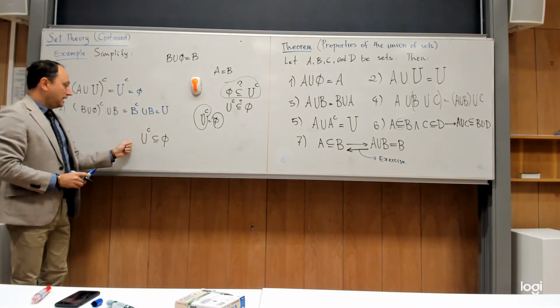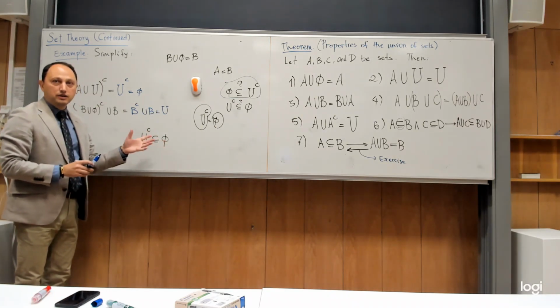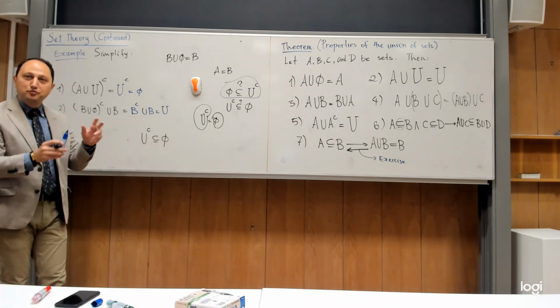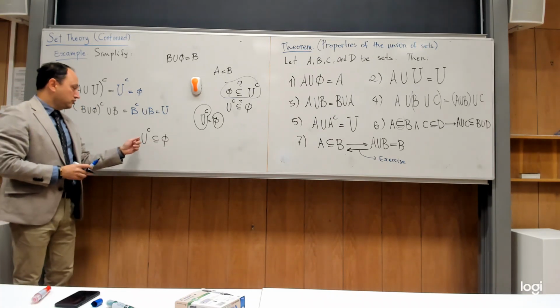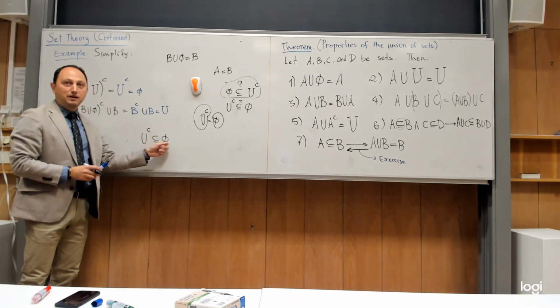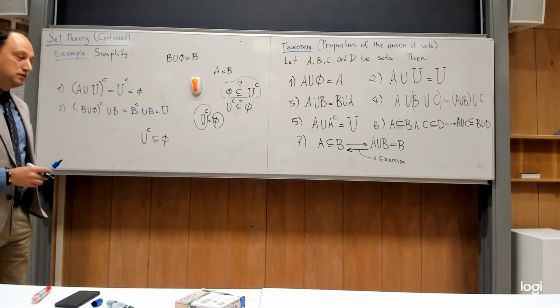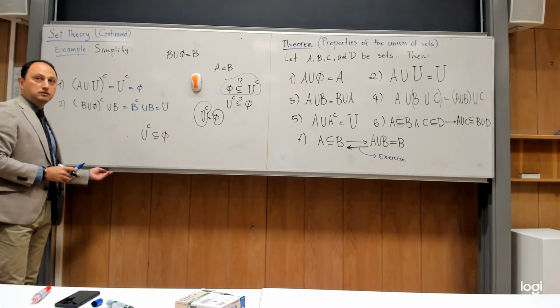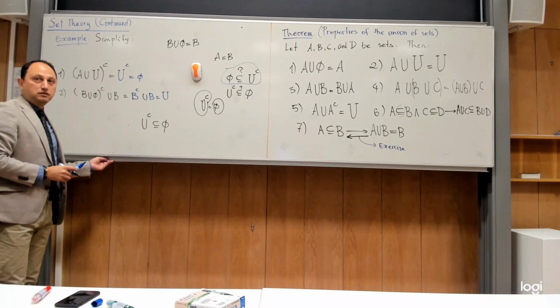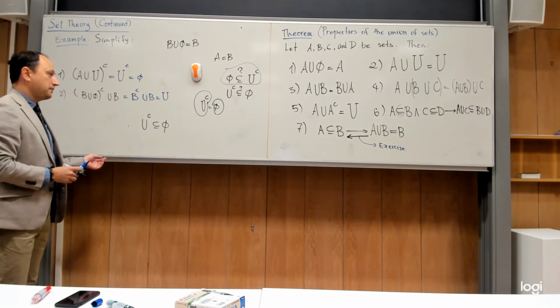I can take an element from here and show that this element is there, or the other way around. That is exactly the proof by contradiction. I want to show that the complement of the universal set is a subset of the empty set. Assume that this is not the case, then what will happen? Okay, so how can I convince you?